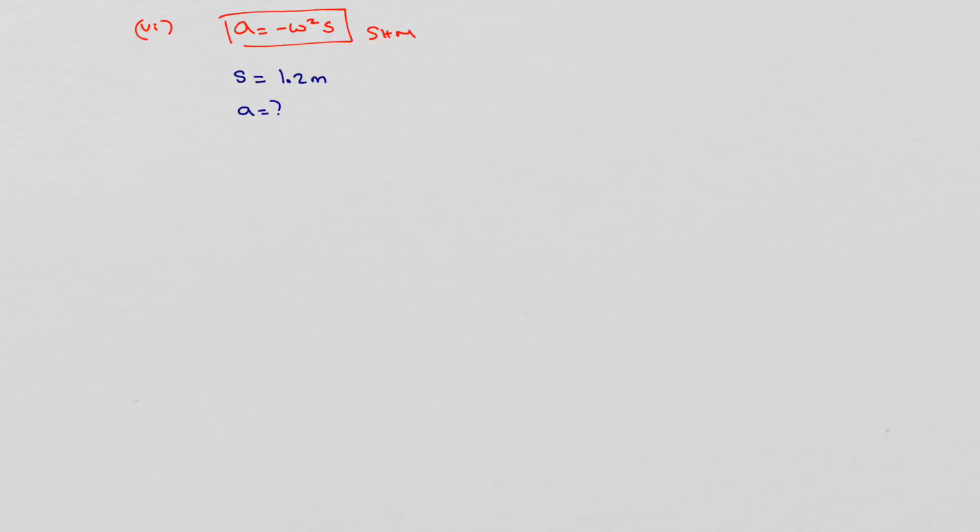Now, we have to remember that we did a little derivation on F equals minus Ks, and F is equal to ma, and therefore a is equal to minus K over m, and of course simple harmonic motion we've just written down as minus omega squared S, so that implies that omega squared is equal to K over m.